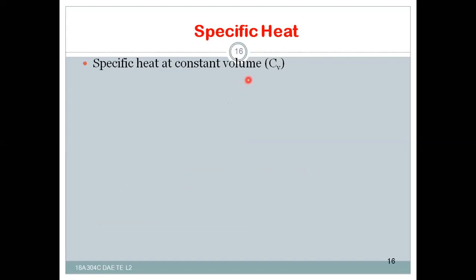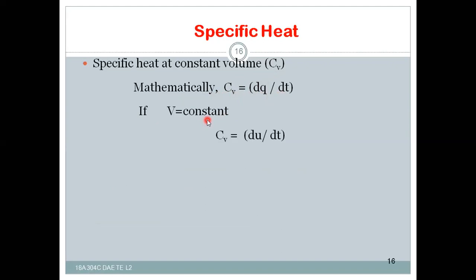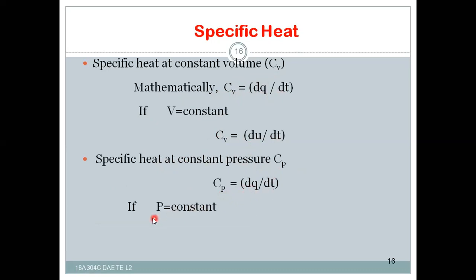The specific heat at constant volume Cv is mathematically dQ by dT, if V is constant, and Cv is equal to dU by dT. Specific heat at constant pressure Cp is equal to dQ by dT, if pressure is constant, then dH by dT.